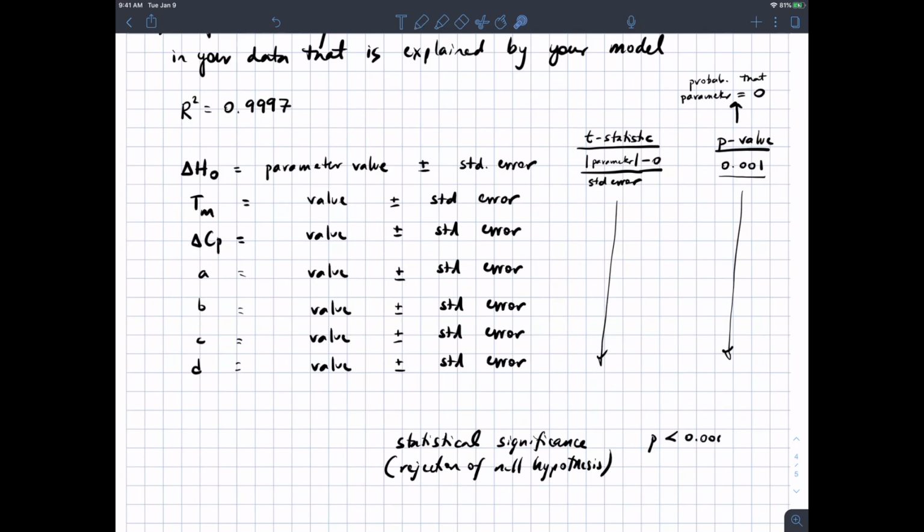As I said, these intercept values for the unfolded and folded baseline are almost always significant, though the slopes, B and D, for the unfolded and folded baselines are sometimes not significant.